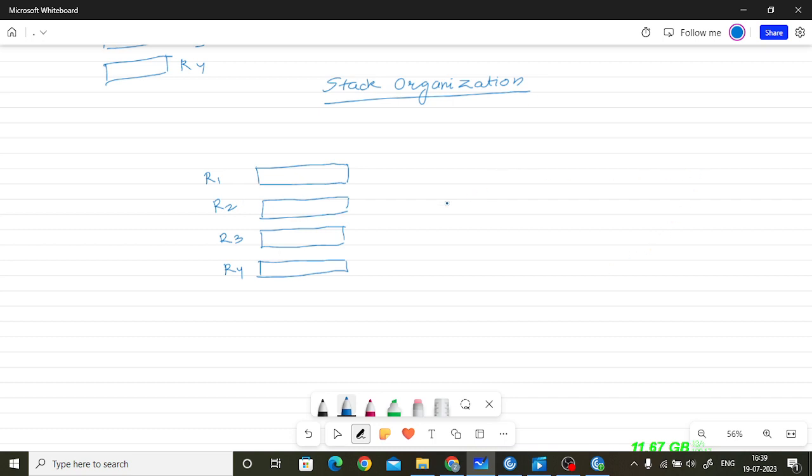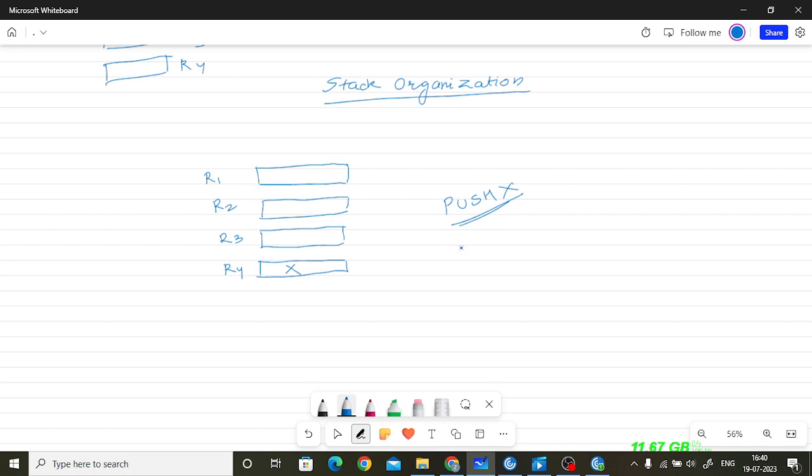once we give the instruction PUSH X, X will be pushed on the top of the stack. So consider these registers not as registers, but as a block of a stack memory.